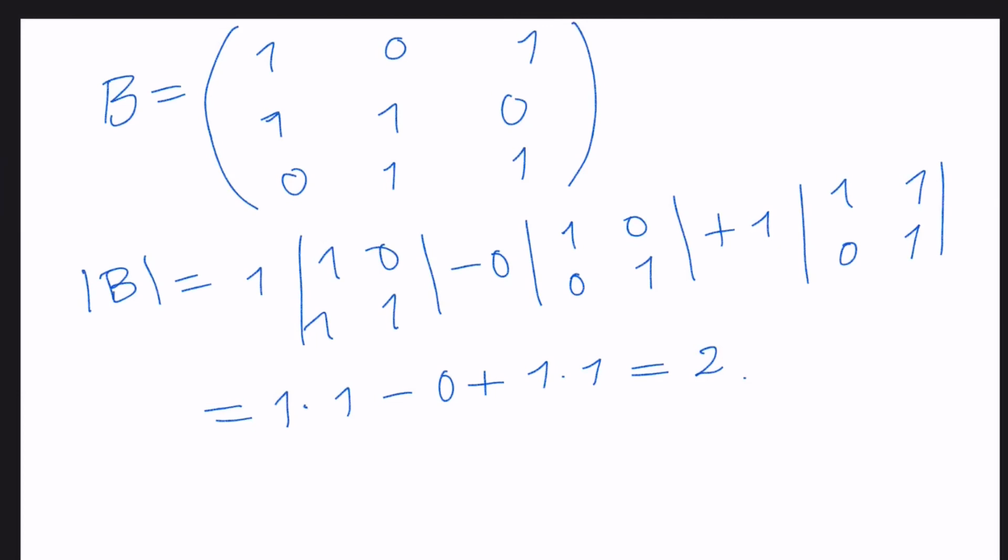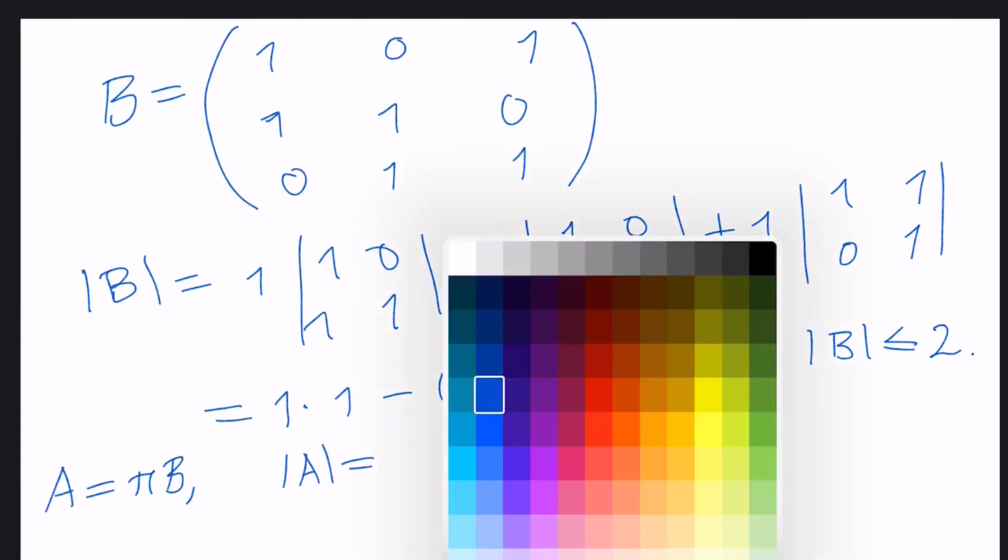Okay, so we have shown that the determinant of B is less than or equal to 2. Remember that A is equal to pi multiplied by B. So the determinant of A is equal to, here we have to recall some properties of matrix determinants.